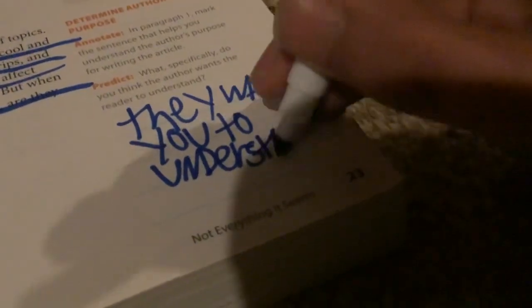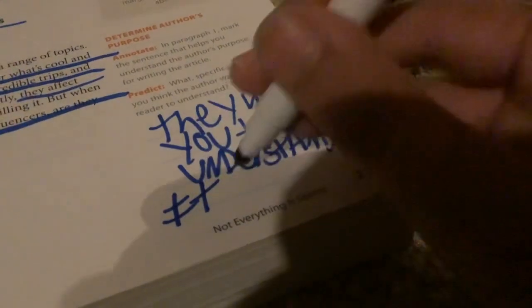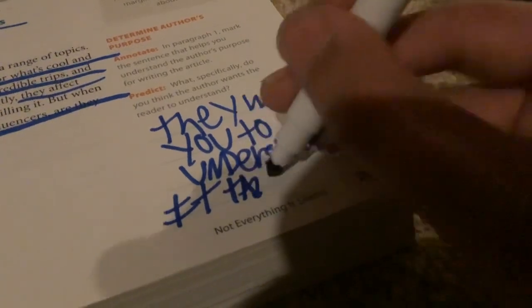This is not an experiment, though. Just talking in experiment style. All right. They want you to understand it takes a lot of skepticism to determine what's real and what's not.